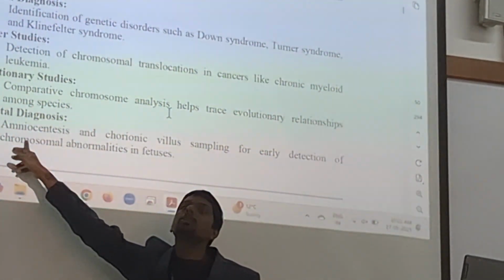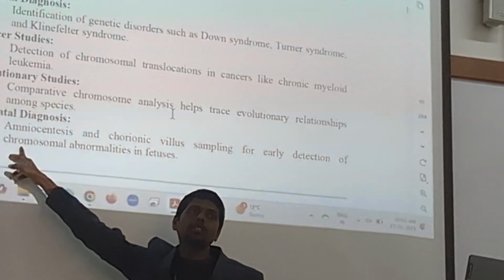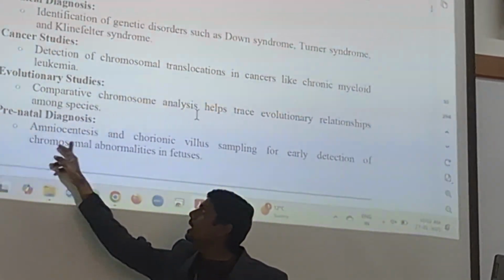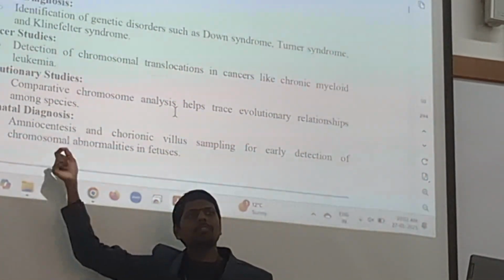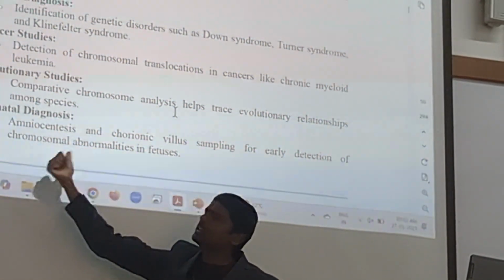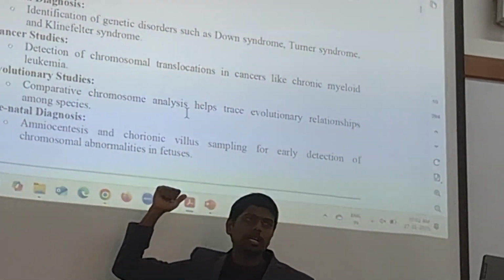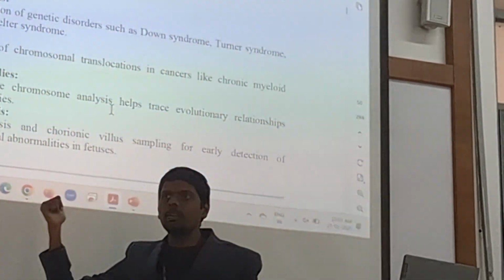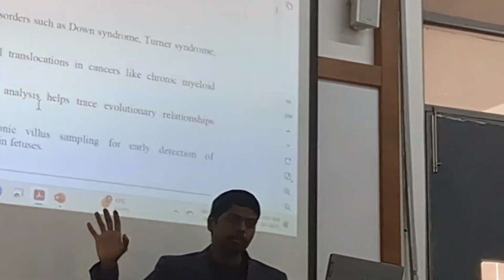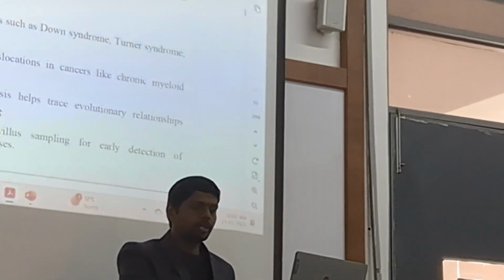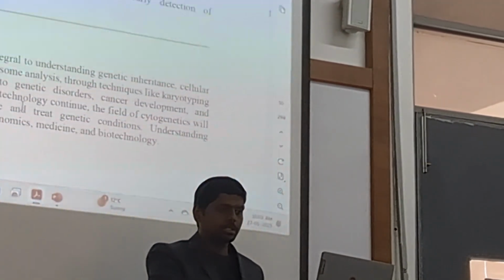Amniotic fluid sample collection is called amniocentesis. We will just collect 2 to 3 ml of amniotic fluid, and we can detect all types of genetic abnormalities of our growing fetus. So they have a good chance of detection, a high rate of detection.